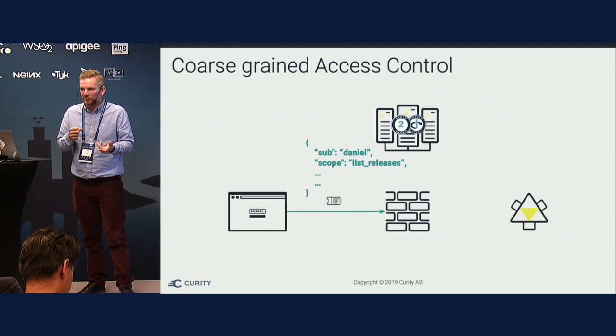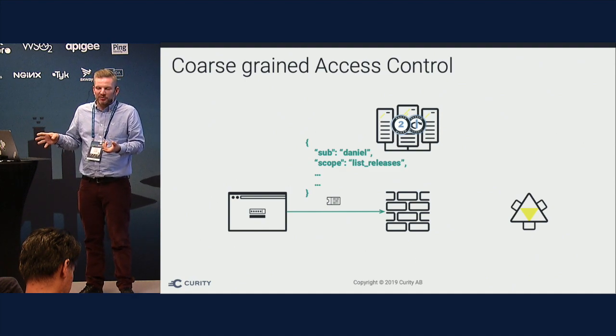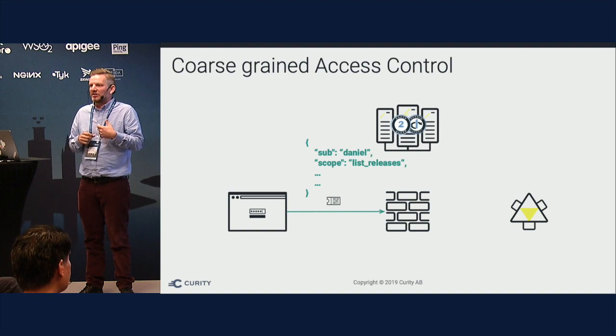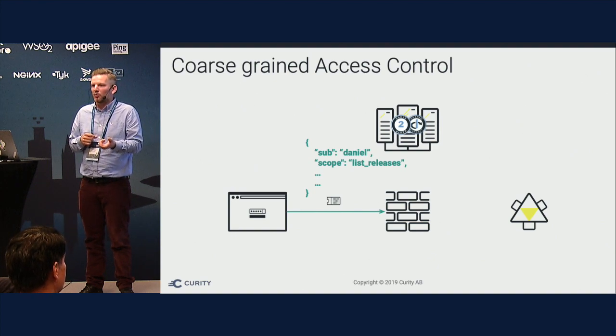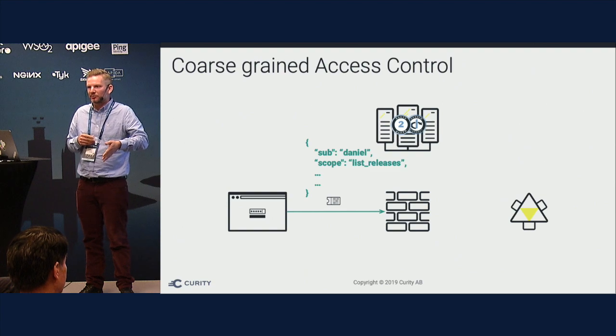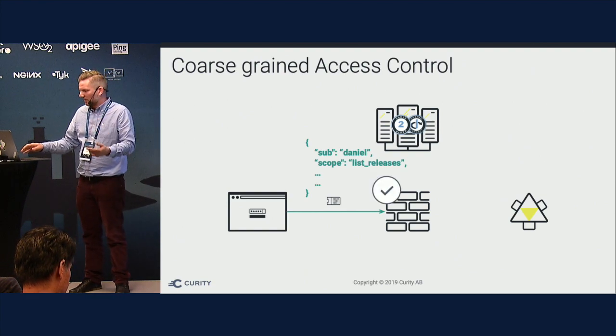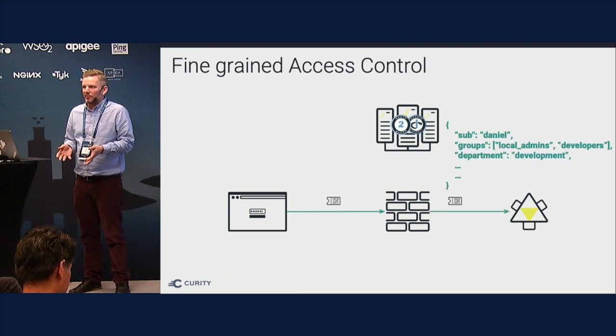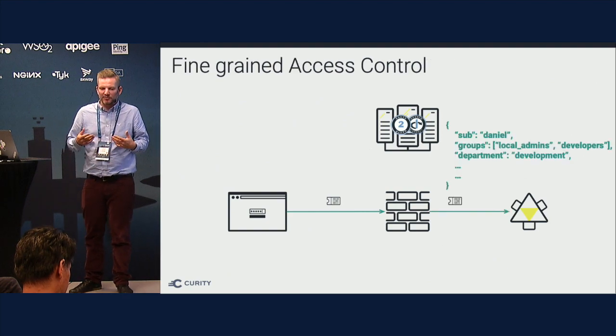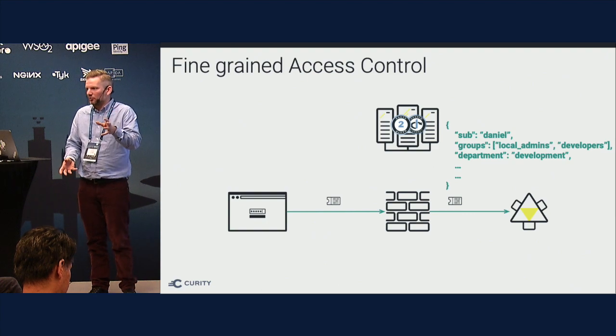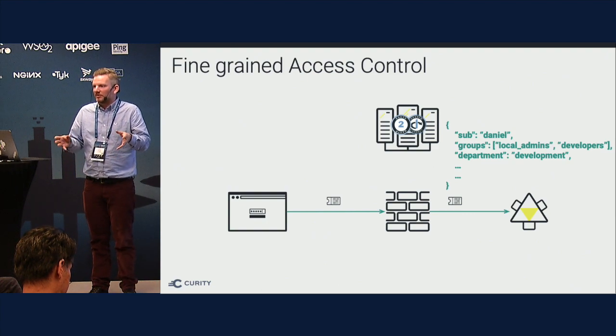We have the list releases API, the release API on the right-hand side. To get there, you need at least the list release scope. If you don't have it, you can block it right at the door. But if you have it, we can let you through and pass on to the API. And then the API can have a look at the full token and make the finer access control decision.